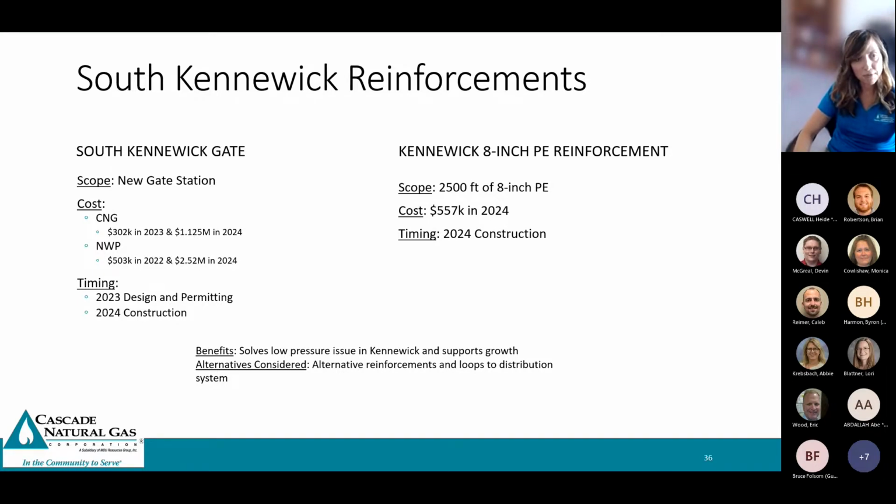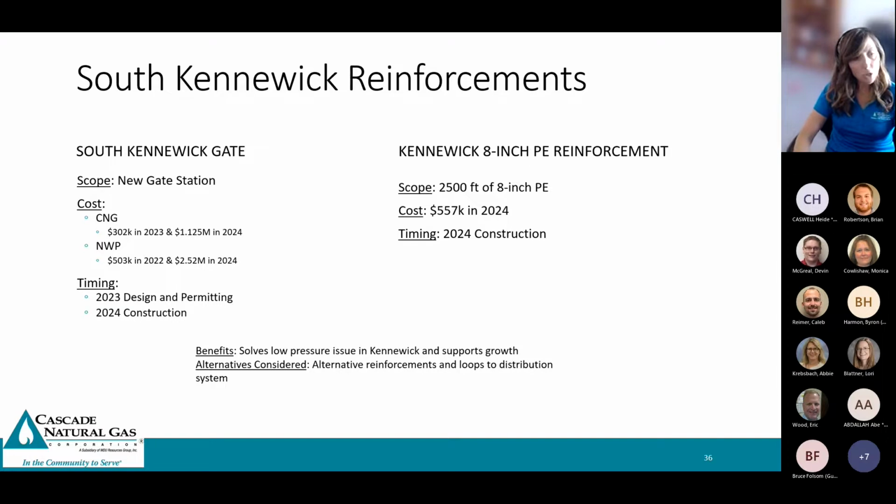And then out of that gate, we're going to run 8-inch plastic reinforcement that'll consist of 2,500 feet of 8-inch. This one, we're looking at 2024 construction on both the gate and the pipe, with the gate being designed in 2023 and permitted. The benefits to this one are that it's going to solve our low pressure issues in Kennewick and continue to support growth.